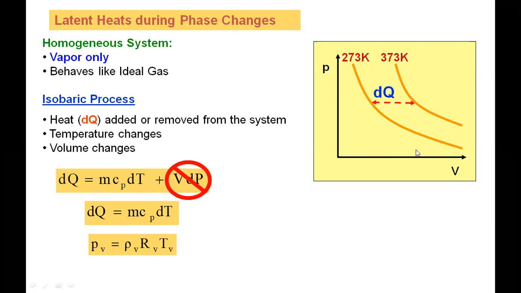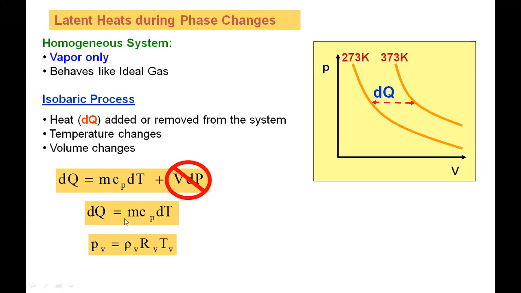So dQ تساوي, in an isobaric process this means the pressure is constant, and dQ تساوي m cp dT plus V dP, like in V dP, because in an isobaric process the pressure is constant and in that case the change in pressure will be zero and this term is cancelled.